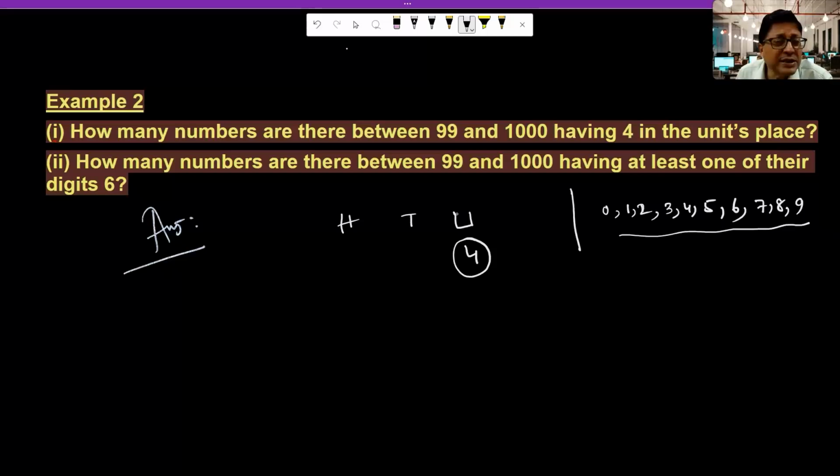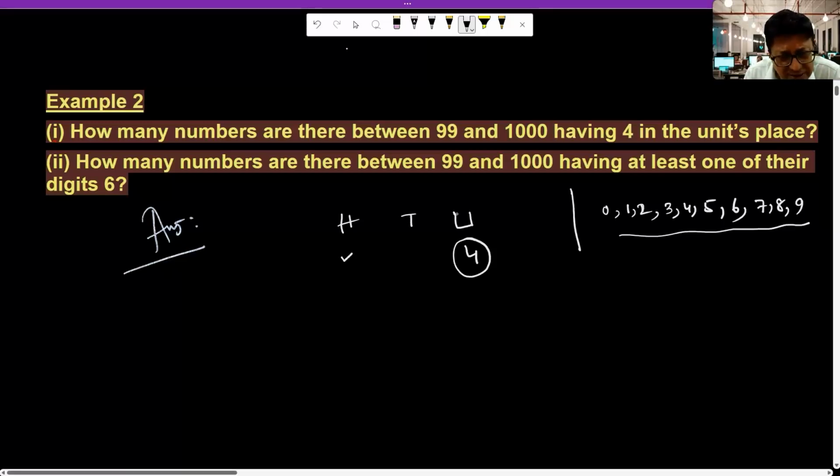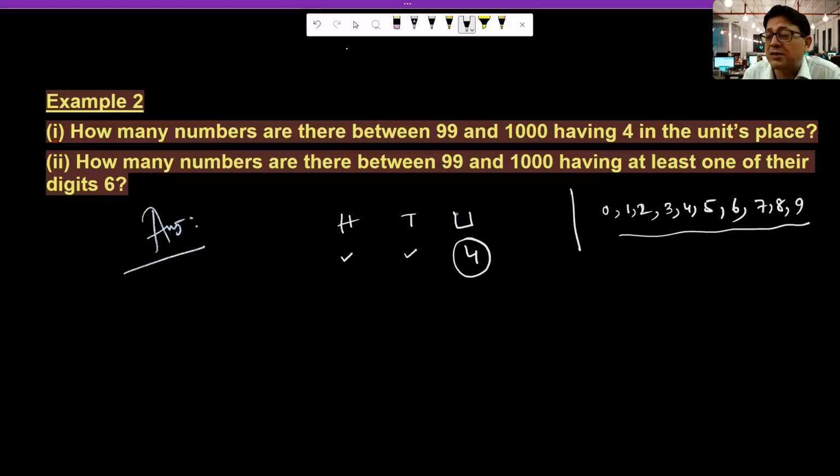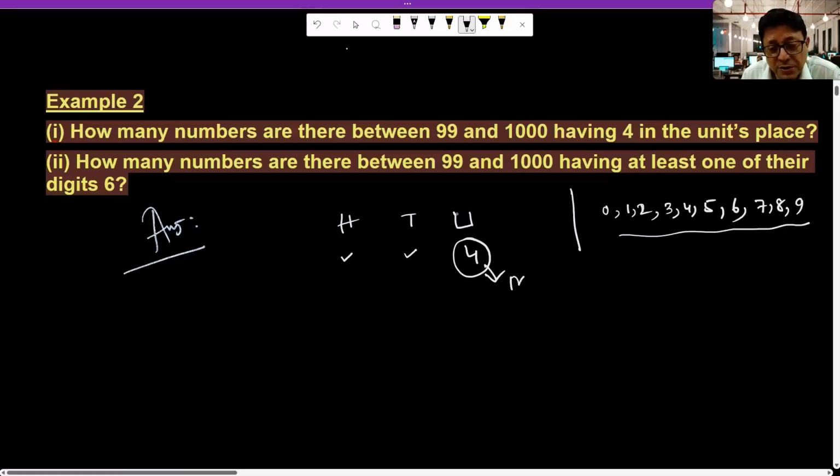So don't you think that the number of numbers will be equal to the number of ways we can fill up this place and this place, because this place is always occupied by 4. You cannot change this. There is no choice for this position. 4 is fixed here.